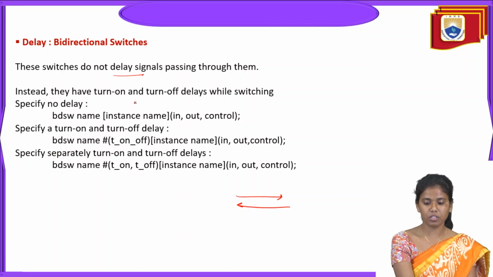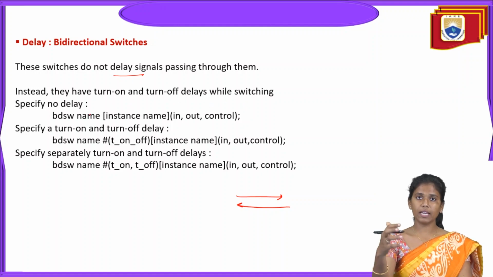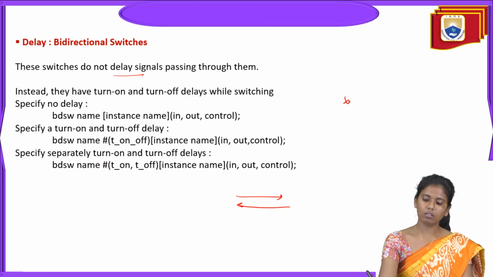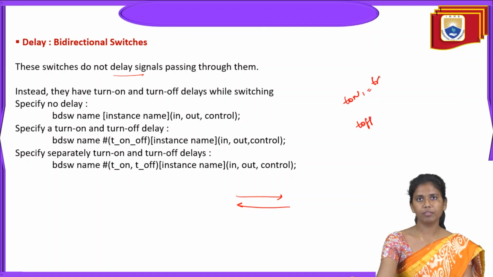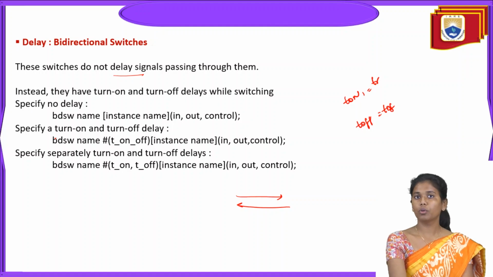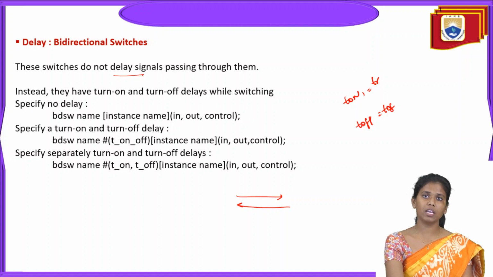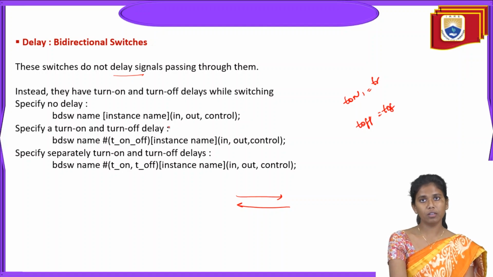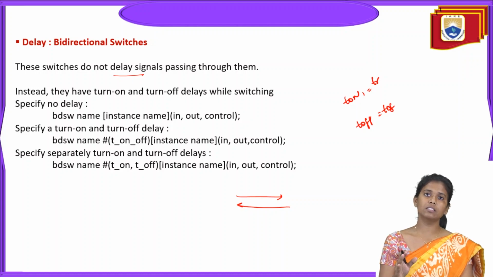Instead, we have turn on time and turn off time delays while switching. So we have turn on time and turn off time, T on and T off. T on time will have rise time and T off time will have fall time. So to specify no delay, here also we have the specification with respect to no delays, with respect to turn on and turn off delays, and with respect to separately instantiating the turn on and turn off delays.